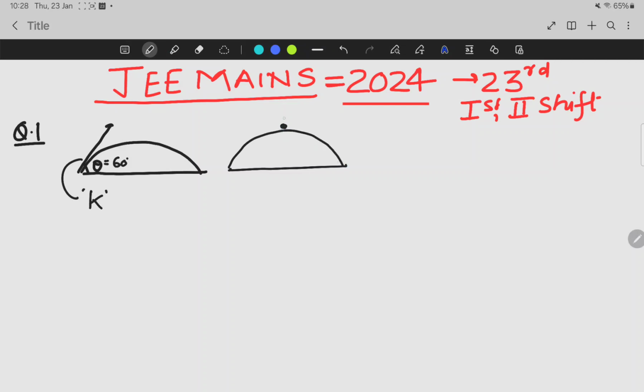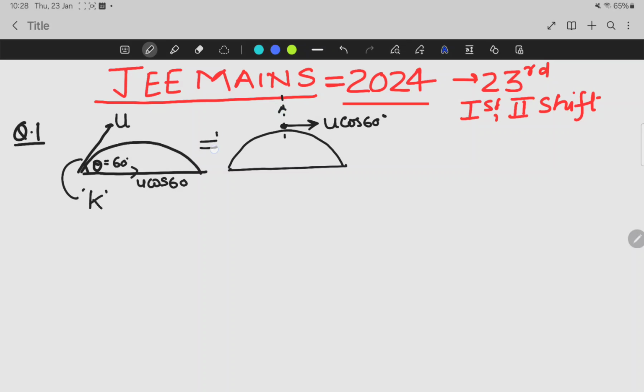Always remember, at the highest point, let's say the velocity is u. The horizontal component u cos 60 remains the same, and the vertical component will be 0.